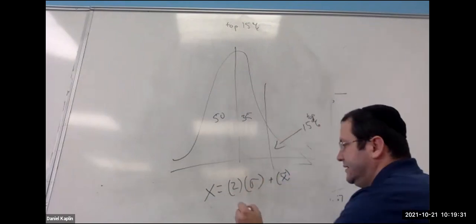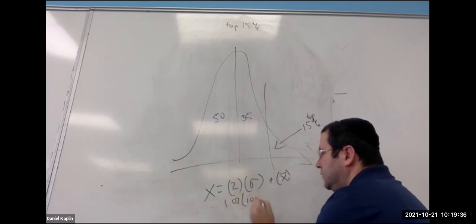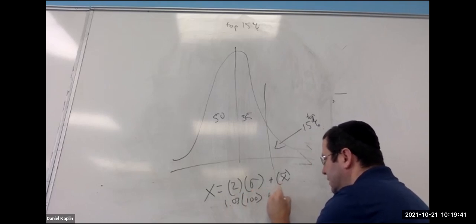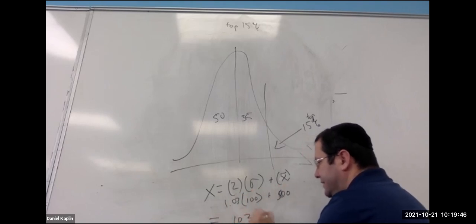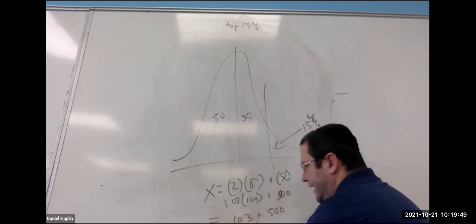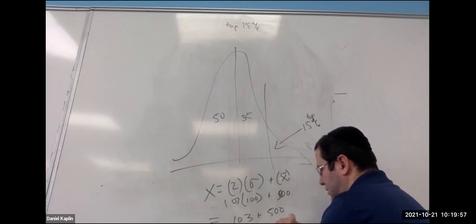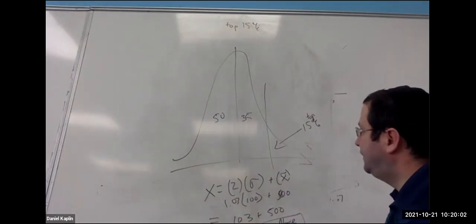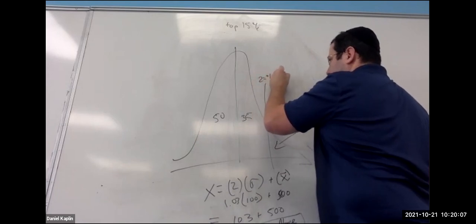Our z is 1.03 times 100 plus the mean is 500. So we would need 103 plus 500, an SAT score section, that is, of a 603 or above. That would put us at the top 15th percentile. So the z equal to positive 1.03.